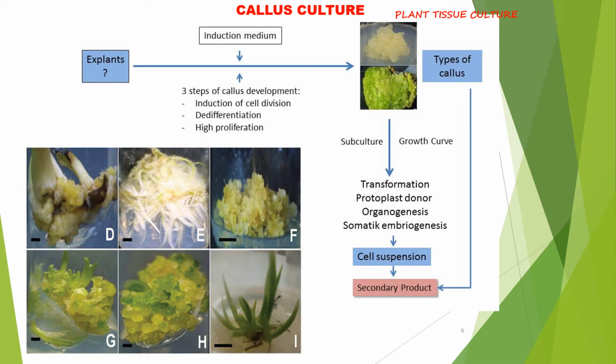Depending on the type of callus, these calli can be utilized as protoplast donor cells for transformation, somatic embryogenesis, organogenesis, cell suspension culture, and secondary metabolite production.